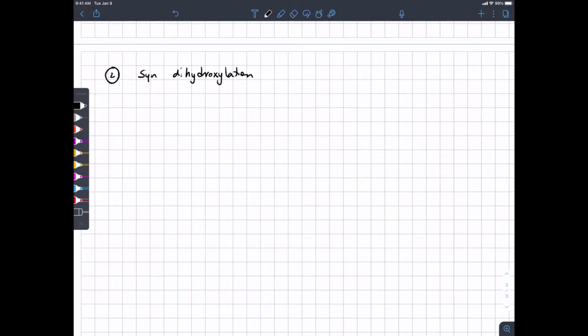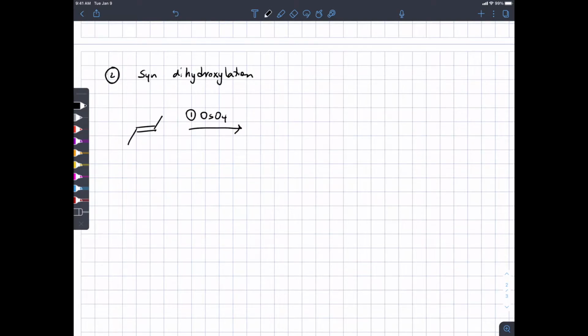We're not going to learn the mechanism of this reaction. So this is a reagent you're going to need to memorize. So I will start with the trans alkene. And the reagent is osmium tetroxide.